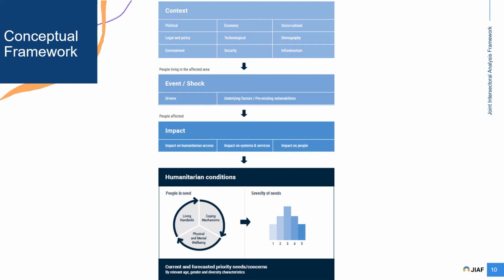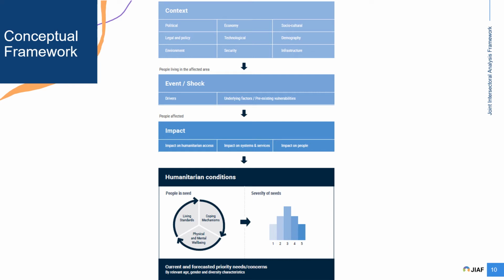The first 3 pillars, context, event, shock, and impact, allow response actors to define the scope of the crisis, to identify all affected geographic areas, and estimate the total number of people who have been affected by it, disaggregated by key demographic characteristics.